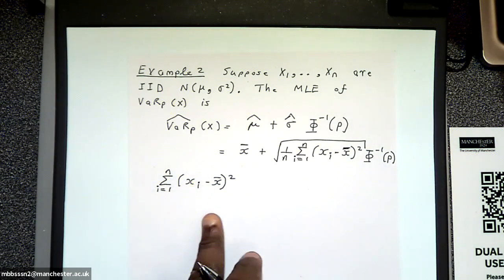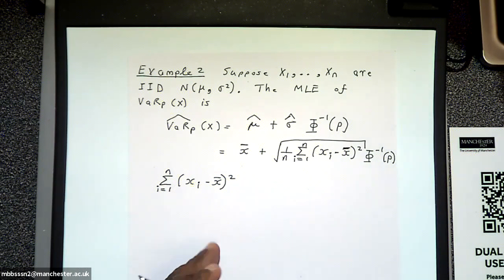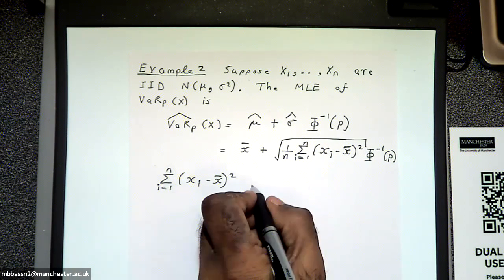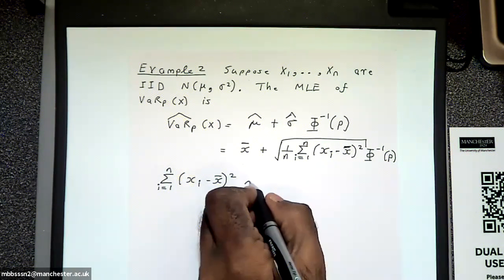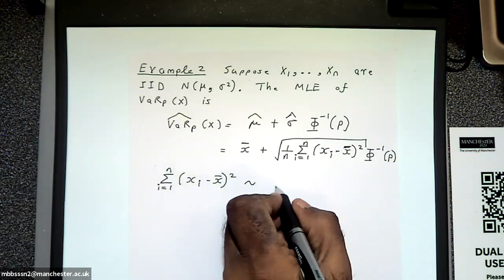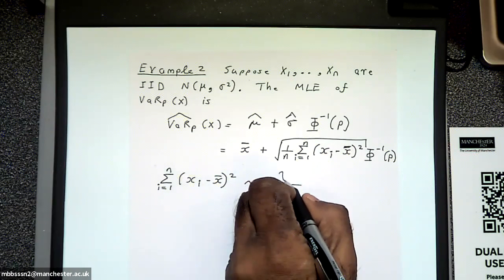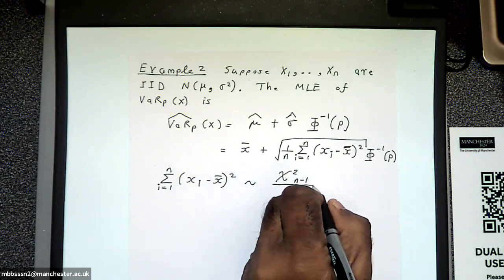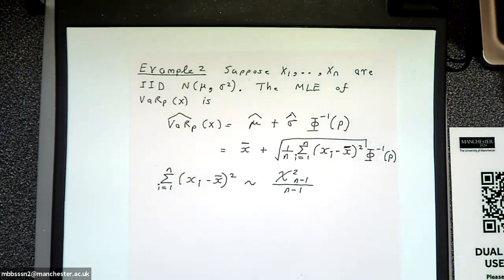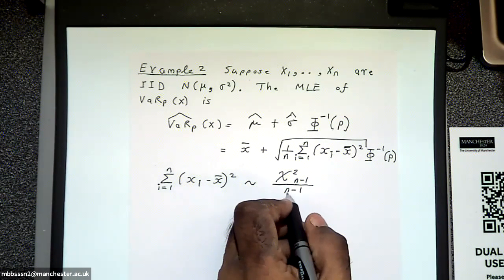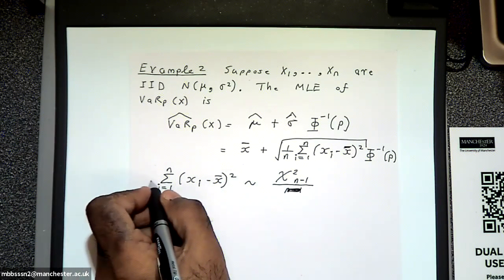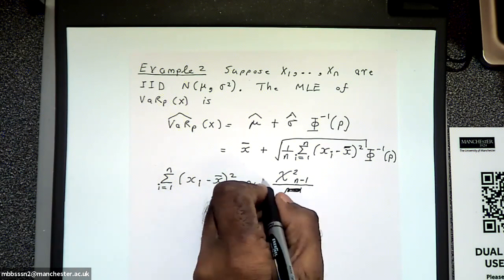I think I did this in the first year, if I remember correctly. That n sigma hat squared over sigma squared is distributed as a chi-squared, sorry, excuse me, not n minus 1, sigma squared.